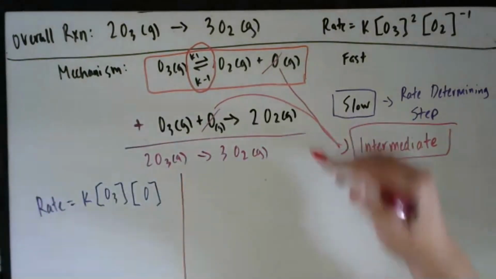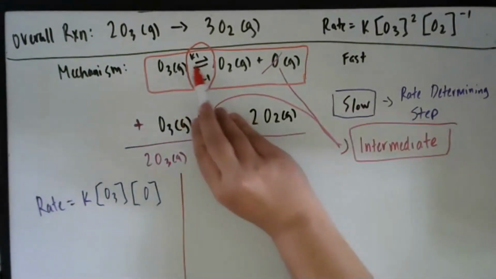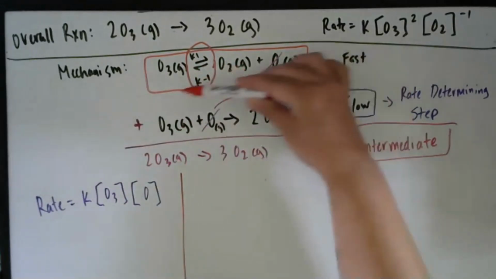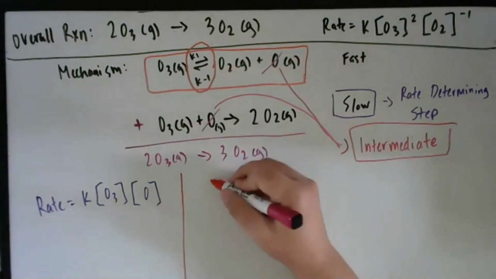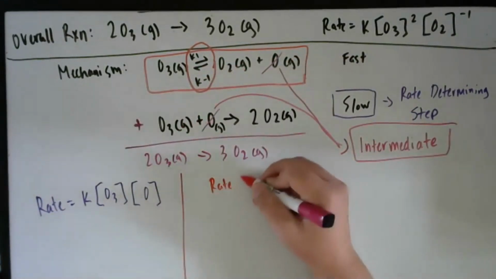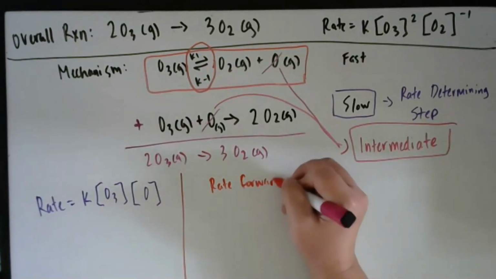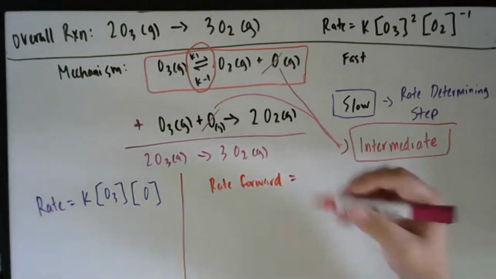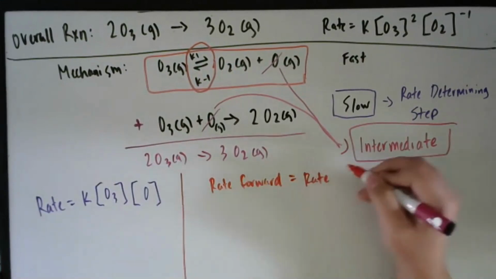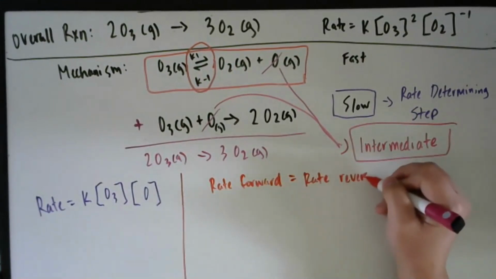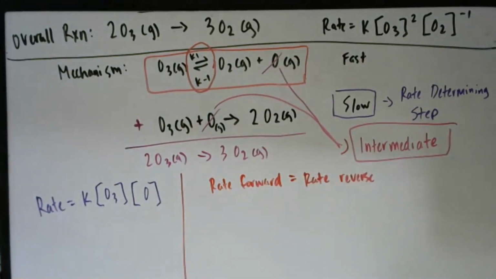So when you see K1 forward and you have K -1 backwards, what that means is that the rate for your forward reaction is going to be equal to the rate of your reverse reaction. That's the definition of equilibrium, when the rate of your forward and reverse reactions end up equaling out, right?